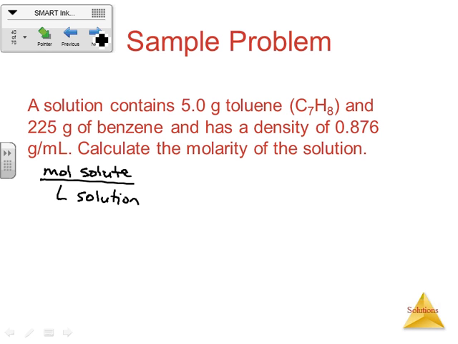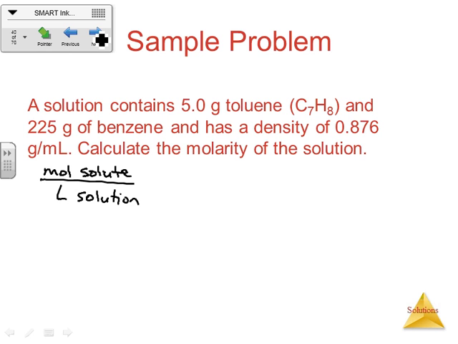So where you have to be a little careful here is you actually have to add up these masses first. We need to know the total grams of everything we have in this solution before we multiply by the density to find our liters of solution. Does that make sense? It's not just giving us the density of the benzene, it's giving us the density of the toluene and the benzene together. It's just worded a little bit weird, so you have to be careful with that.